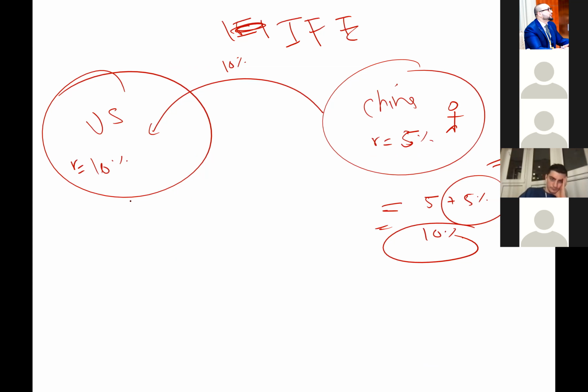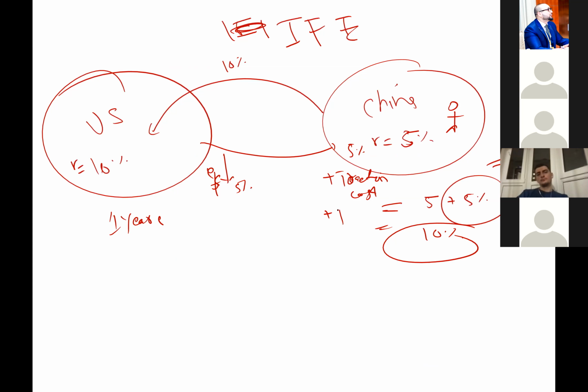So what will happen after 1 year? The US dollar will be depreciated by 5%, right? And when you convert back your currency, you end up earning 5%, plus you will be paying transaction cost, plus difference in taxes as well, plus any other cost as well. So that's why you will be adversely affected.